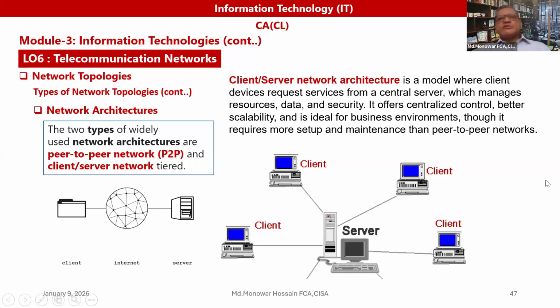Client-server network architecture is a model where client devices request services from a central server. Look here, this is the central server linked with different PCs. That one is declared as the server, and the others are clients. So this is the client-server network.